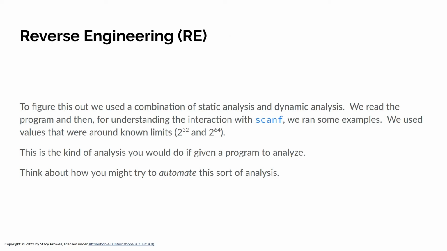It's the kind of thing you would do if you're trying to figure out what some unknown program does. The trick is now, how do we automate that kind of analysis? And as we get near the end, we'll talk about concolic analysis, which is a combination of both static and dynamic analysis.